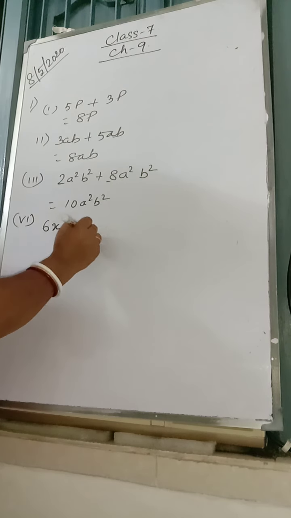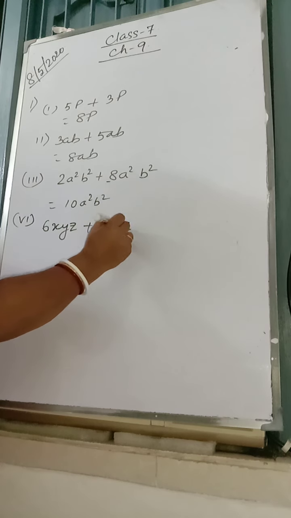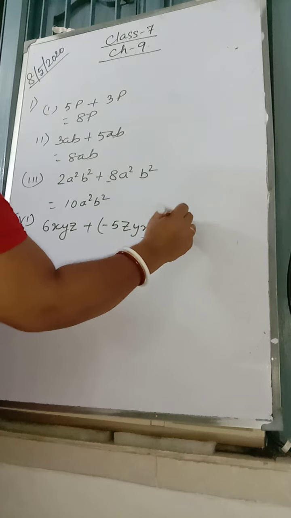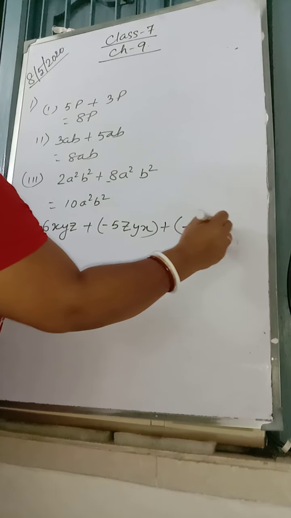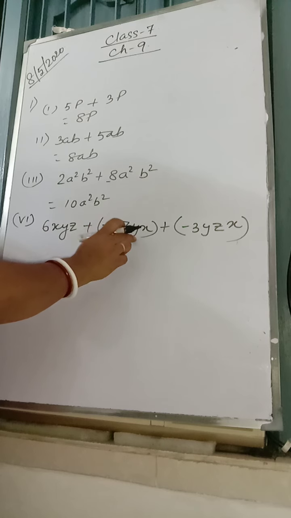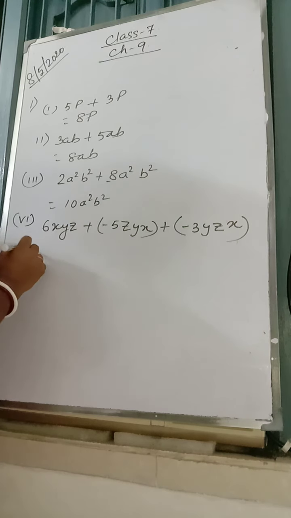6xyz plus minus 5zyx is the same thing, because x into y into z, z into y into x, y into z into x, it's the same thing.